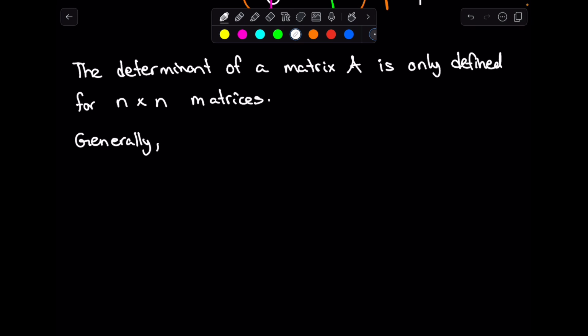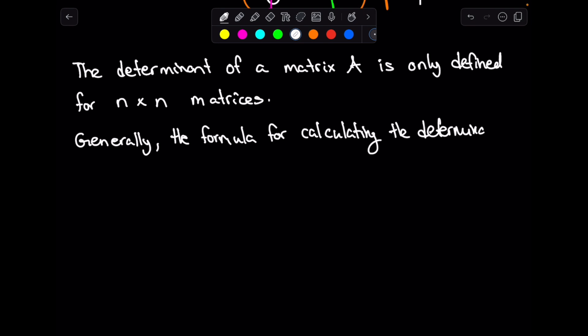Speaking very generally, the formula for calculating the determinant is the following. You get it by doing a sum, because we're adding up a bunch of things.